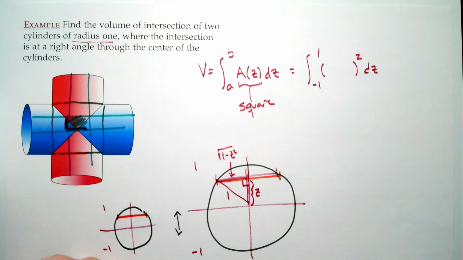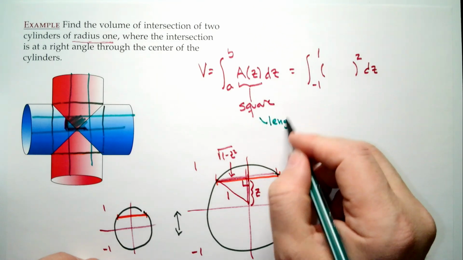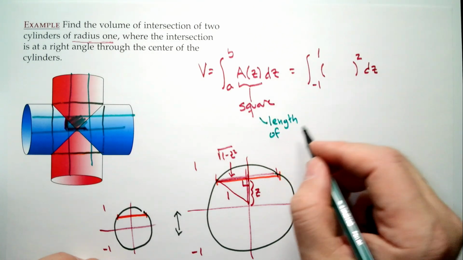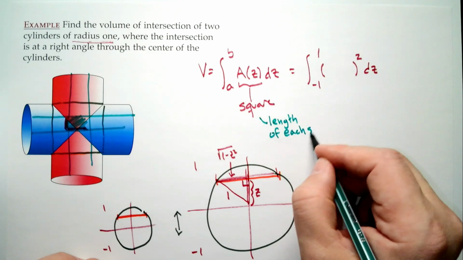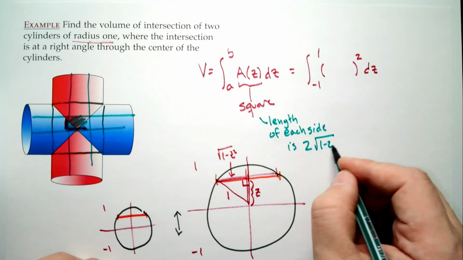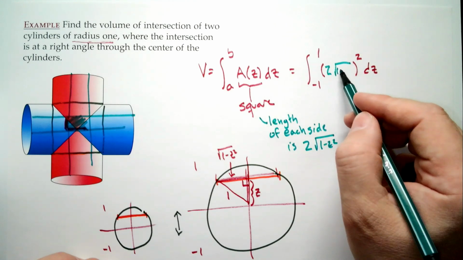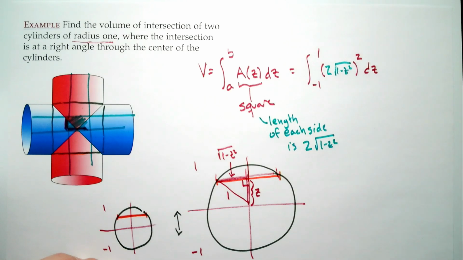If we wanted to go all the way, how far would it be? Yeah, times it by 2, because there's symmetry. So we get that this is a square, and the length of each side is 2 square root 1 minus z squared. So that's what goes here: 2 square root 1 minus z squared, quantity squared.